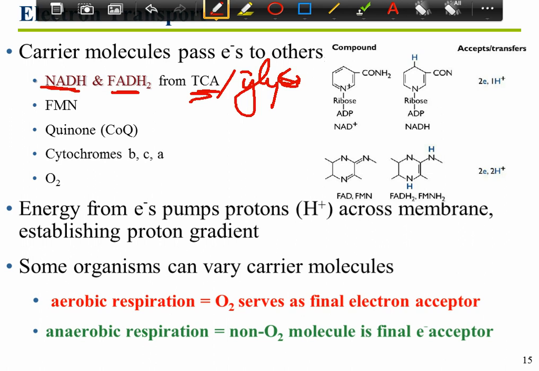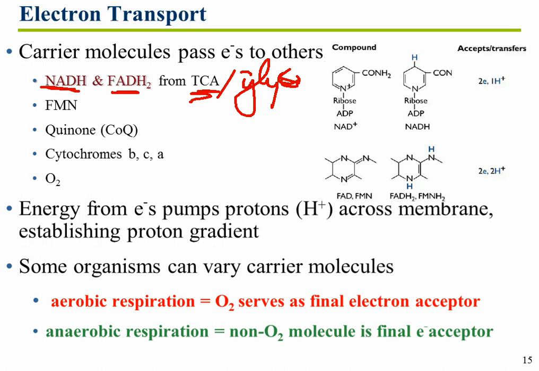Okay. Now, the other electron carriers of the electron transport chain, or the electron transport system, flavin mononucleotide, FMN, a variation of riboflavin, and FAD is flavin adenine dinucleotide.